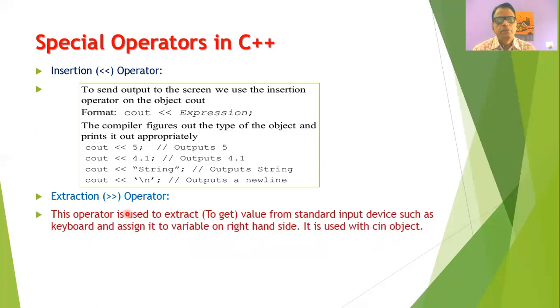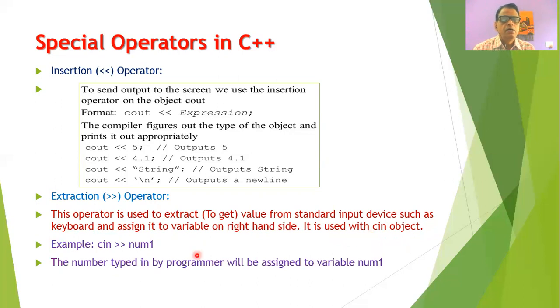The extraction operator is normally used to extract, that is, to get the value from the standard input device like the keyboard. We use this operator with the object cin. So for example, when I write cin, the extraction operator and a variable name, then whatever number you type on the keyboard will be assigned to the variable number 1.